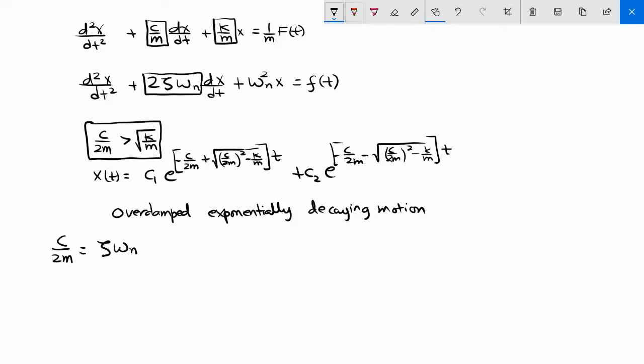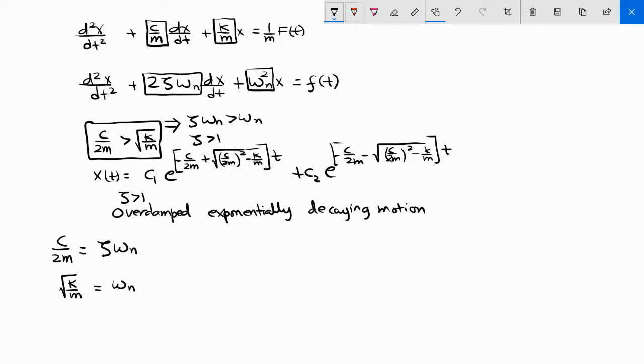And we know k over m is equal to the square of the natural frequency, so square root of k over m is equal to natural frequency. So c over 2m greater than square root of k over m is equivalent to zeta times omega n greater than omega n. So this means zeta is greater than 1. So we can say that when the damping ratio is greater than 1, we get overdamped exponentially decaying motion.